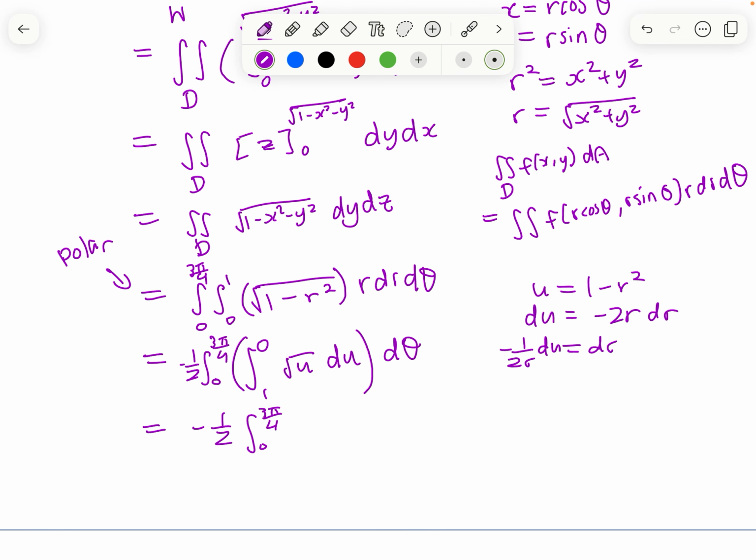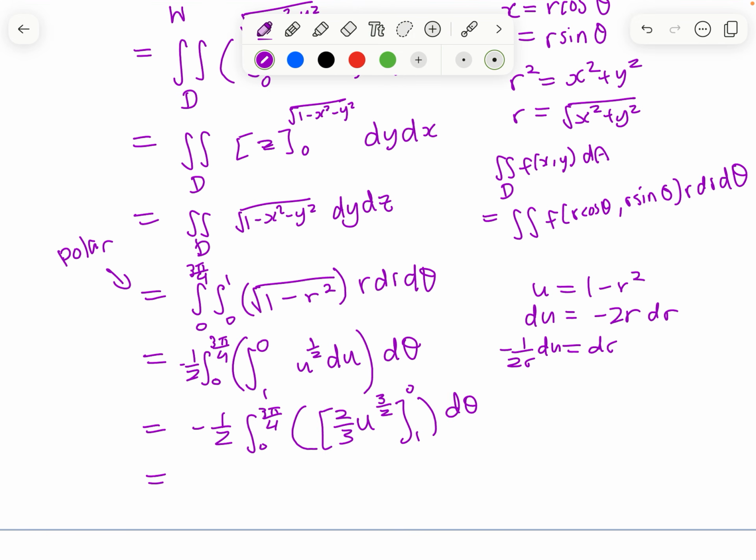So I focus on one integral at a time. For this one, the square root of u is essentially u to the power of 1/2. If I integrate this, I get u to the power of 3 over 2 times 2 over 3. And don't forget our boundaries.